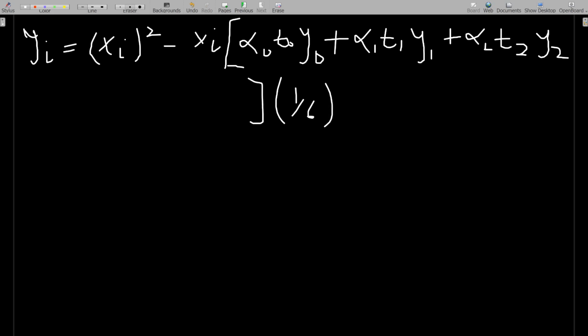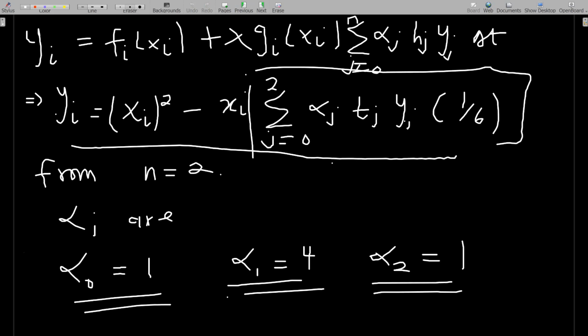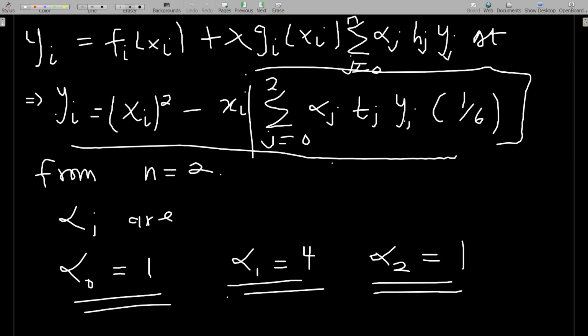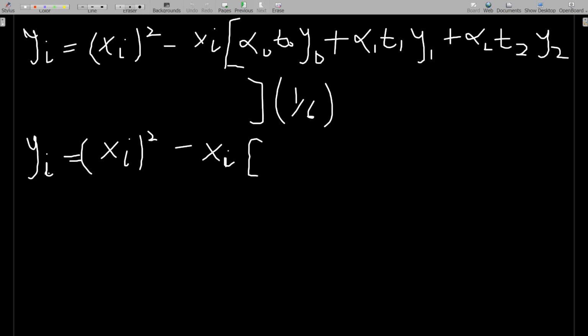I hope this is cool. So what I go ahead and do is put your t naught and the rest inside. From the table we had, we're coming to write t naught, t1, and t2 inside, and then we will write alpha naught, alpha 1, and alpha 2 inside as well.